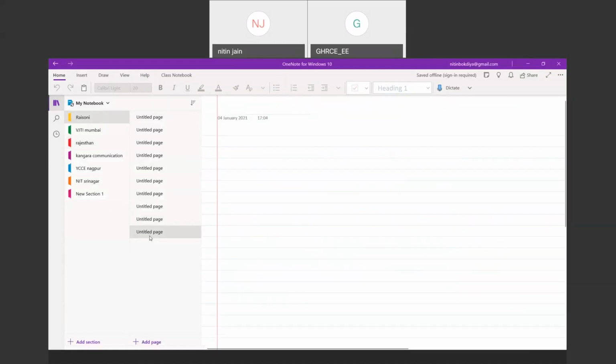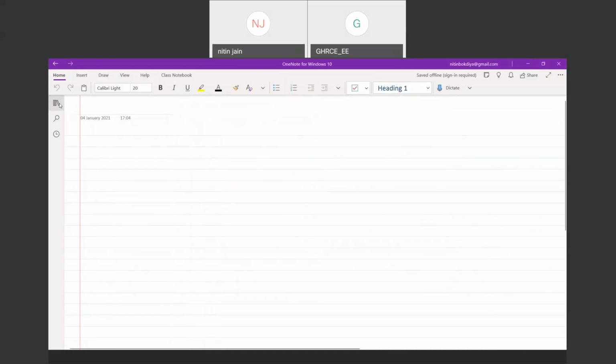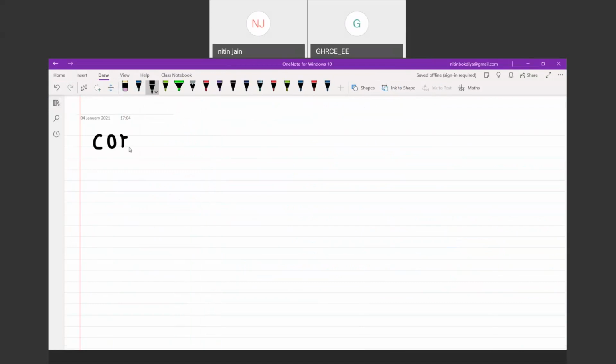Today we will start the convolution property of Fourier transform. What does the convolution property say?